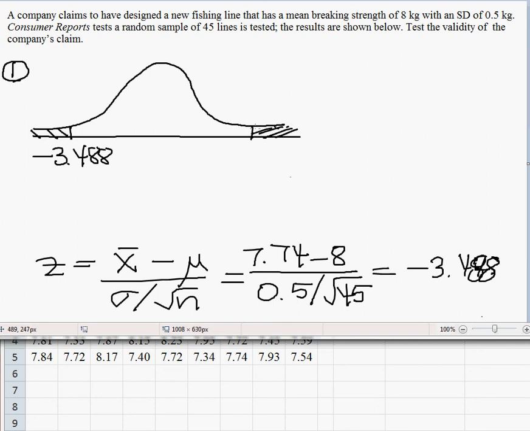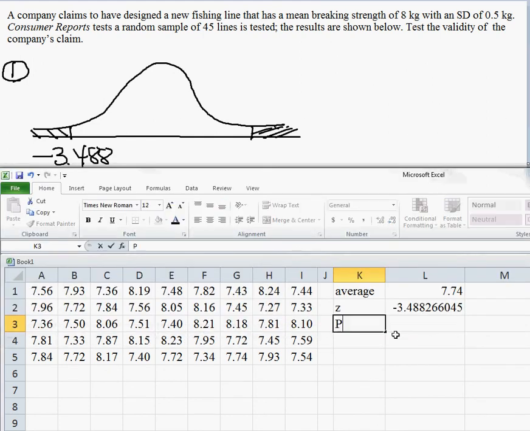So this has the practical effect of doubling the p-value. So the p-value would be equal to twice times NORM.S.DIST of the number that we just got. The number I got was negative, so I find the area to the left of that, then doubling would give me both of them.